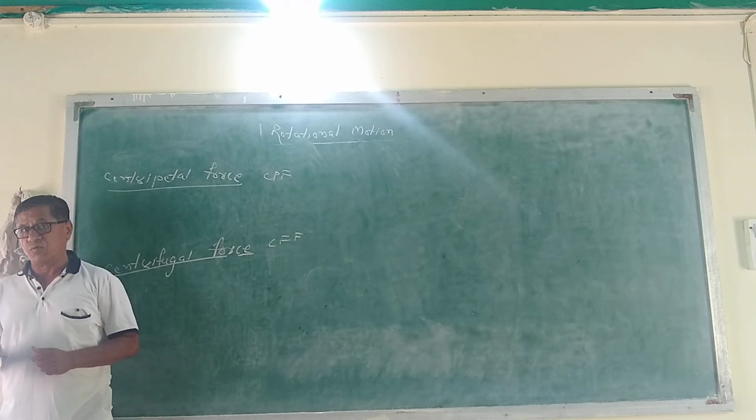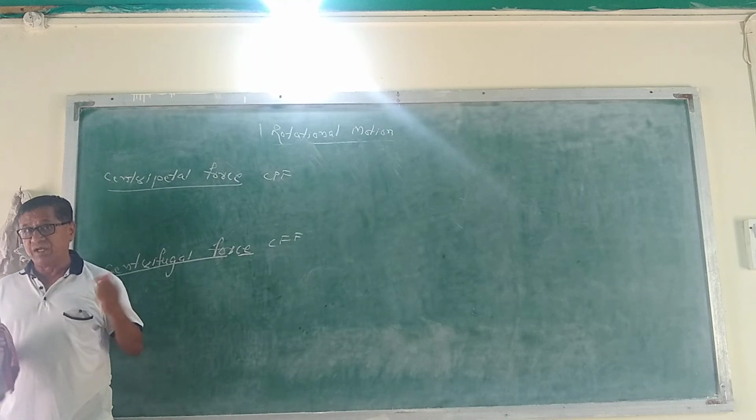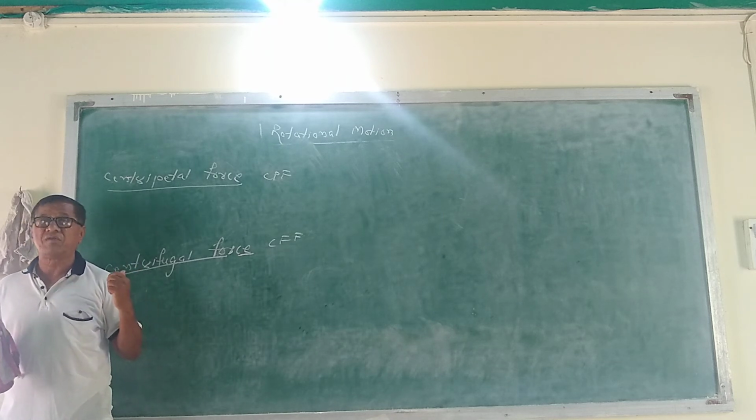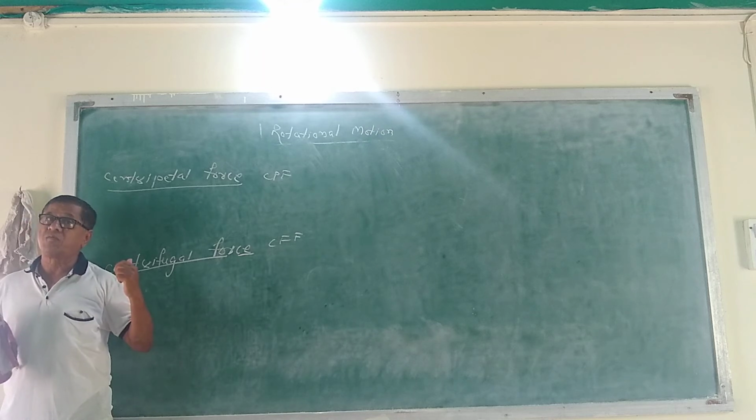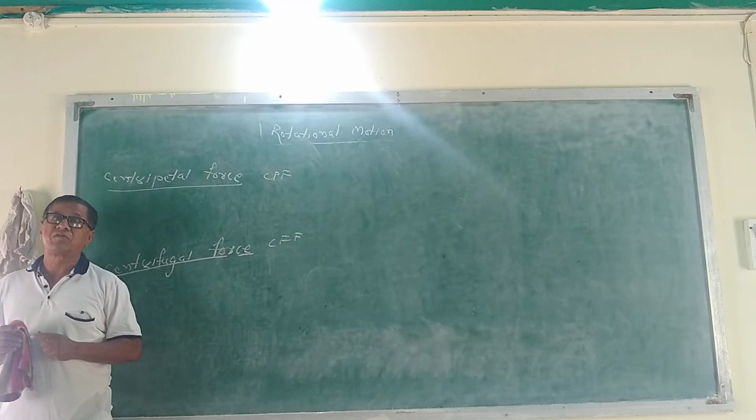That is called the centrifugal force. Both the forces have the same magnitude. The centrifugal force balances the body. The centripetal force provides the force required for the circular motion.